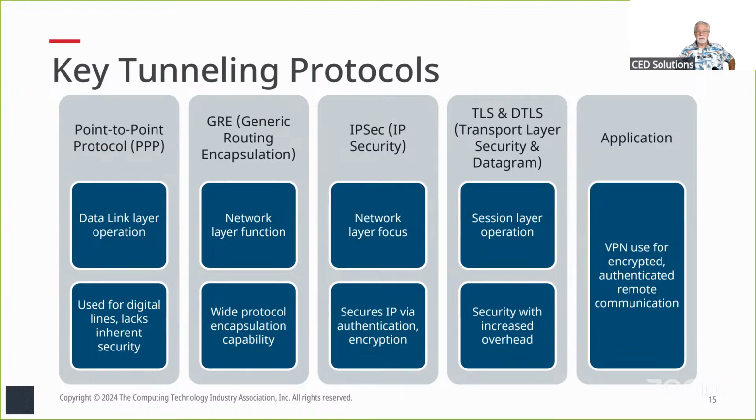Point-to-point protocol is a data link layer. That's more of a switch-oriented type of thing, and it's not antiquated, but it is more of a legacy type of protocol, PPP, point-to-point protocol. There's several others. There's one called secure tunneling protocol. There is a couple of others.